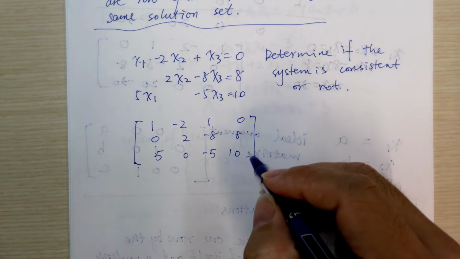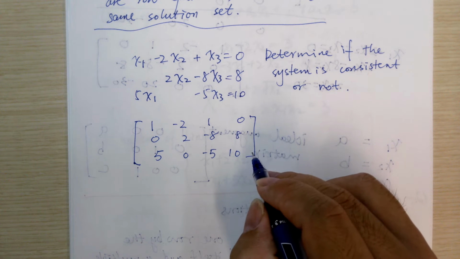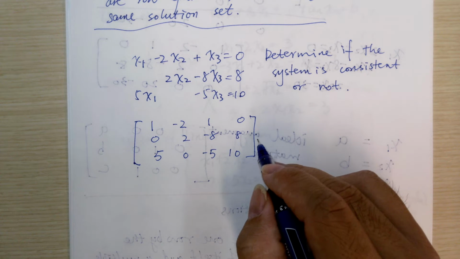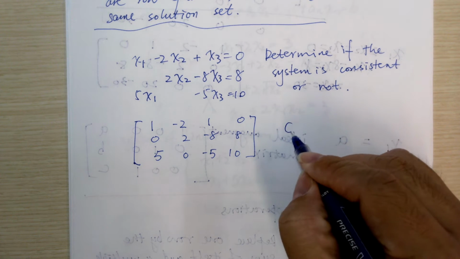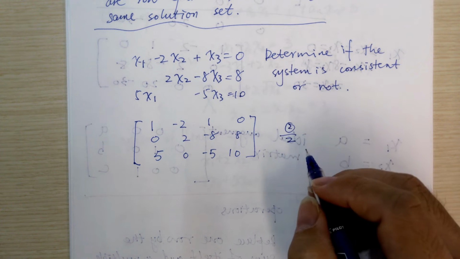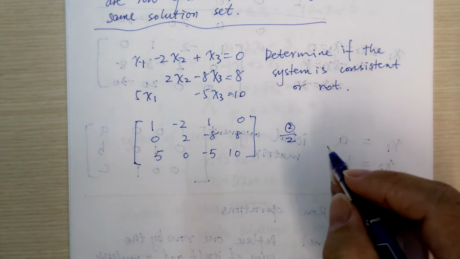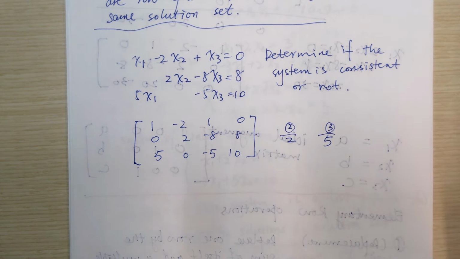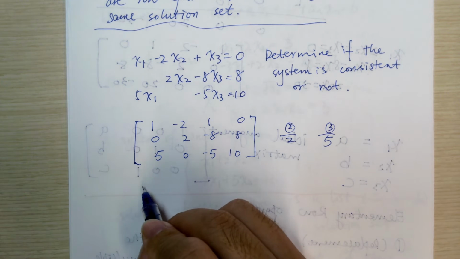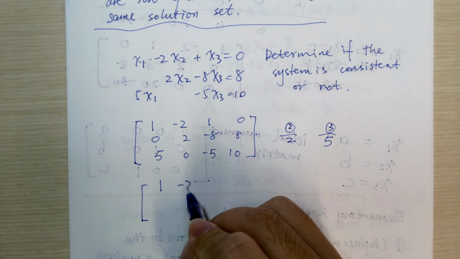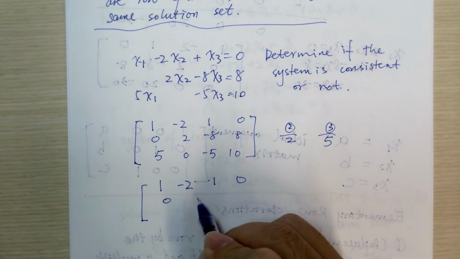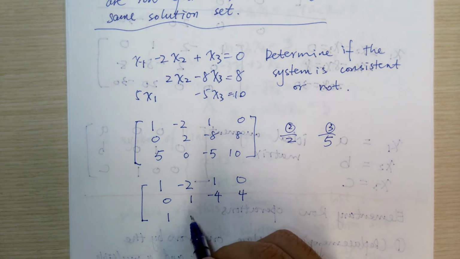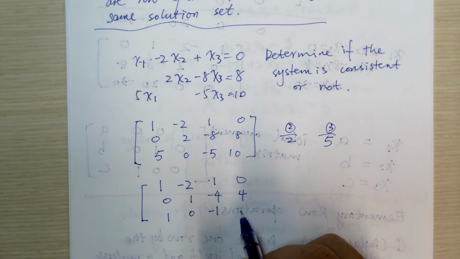To do that, as you can see, row 2 and row 3 both have some common factors. So I use row 2 divided by 2 to become the new row 2, and row 3 divided by 5 to become the new row 3. So we have 1, negative 2, 1, 0; 0, 1, negative 4, 4; and 1, 0, negative 1, and 2.